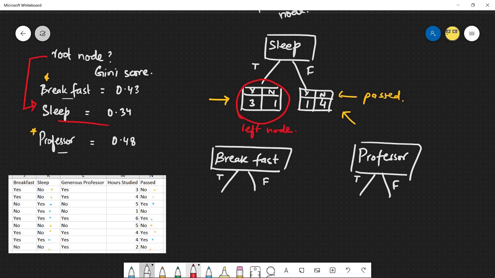To make that decision tree, we're still going to have our yes or no's on our pass value, but now this split is coming from when sleep was in fact true. So we're going to first mark off when sleep was true. Yes, yes, yes, yes. Okay, 4 of them.